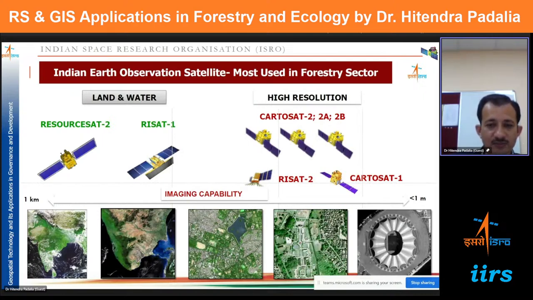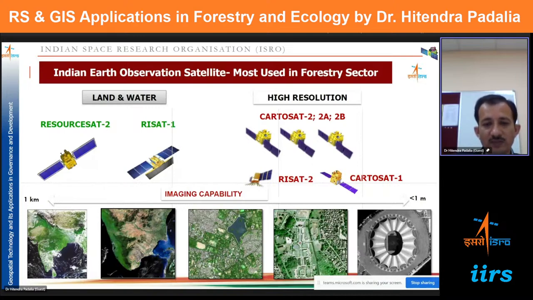We have also been covering the electromagnetic spectrum, not only in the optical region but also in the middle infrared region, thermal region, and even in the microwave region. Today we are in a position to exploit all parts of the electromagnetic spectrum for developing good sensing of the Earth system.